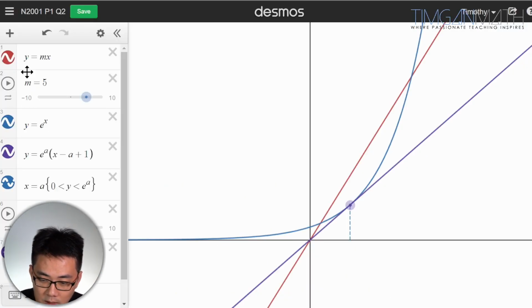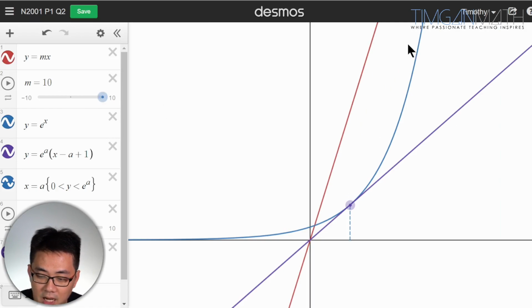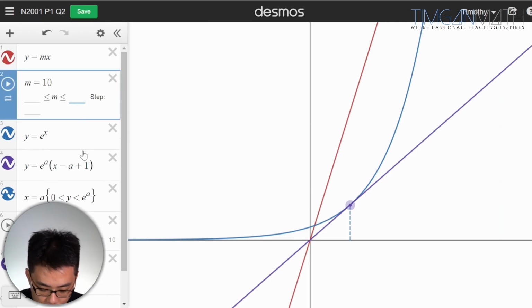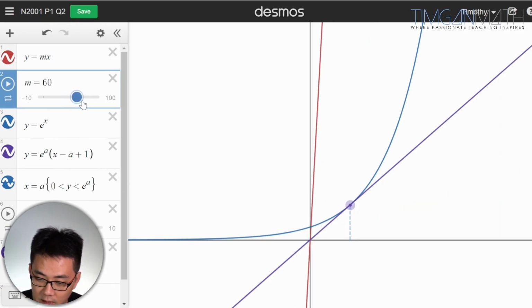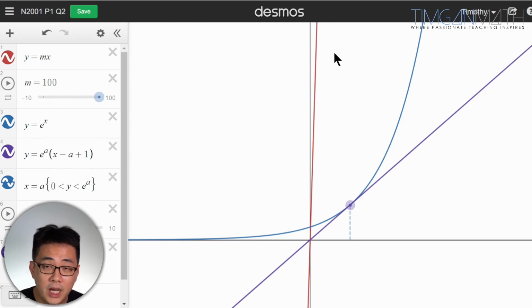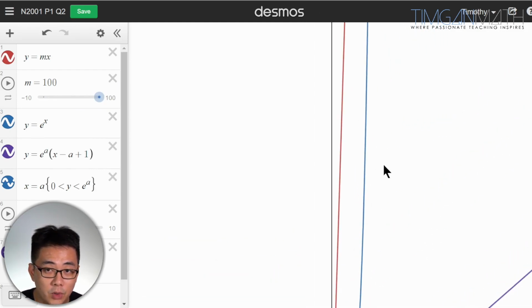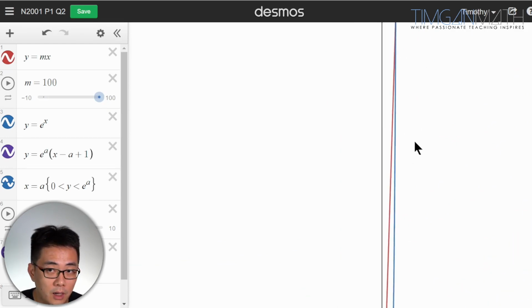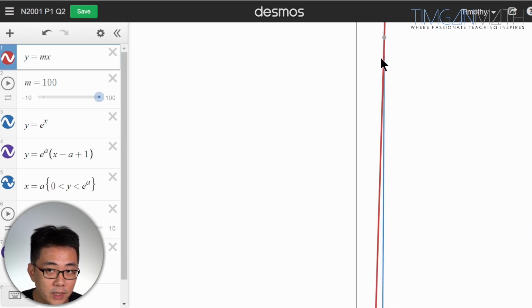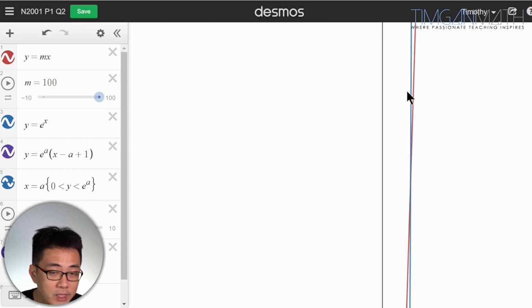Then the next question is, won't it only cut once like that? If you put this as 100, very steep, won't it only cut once? You don't have to worry because the exponential graph will always catch up with a linear graph.